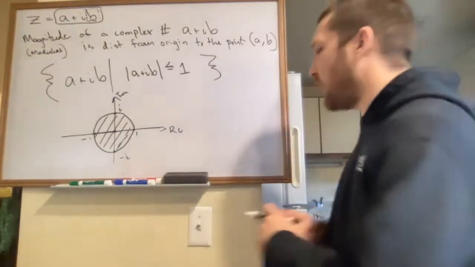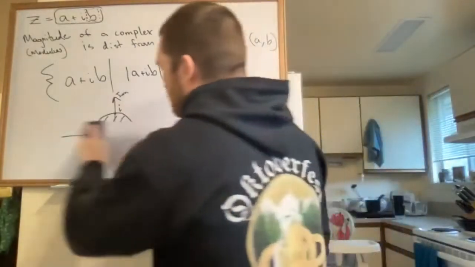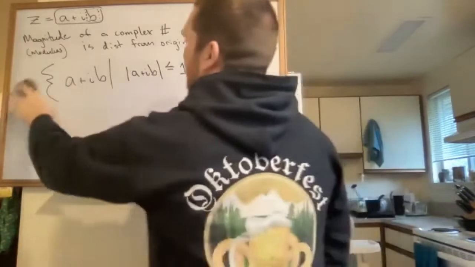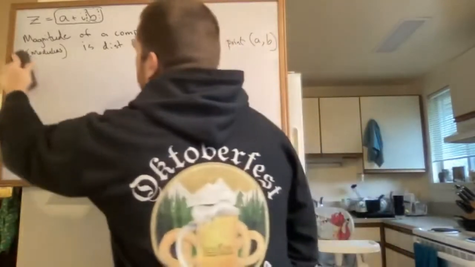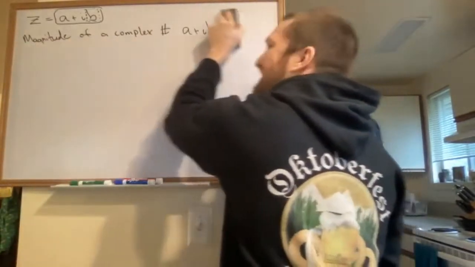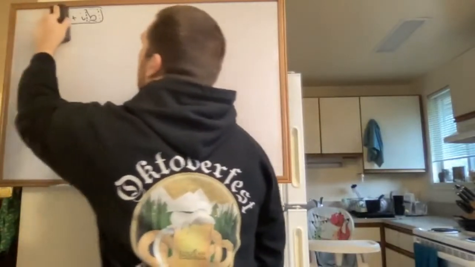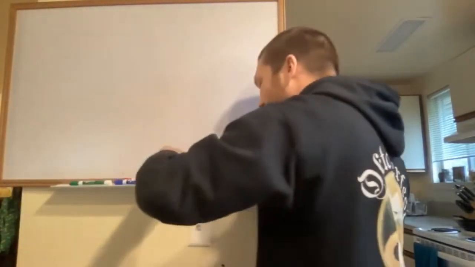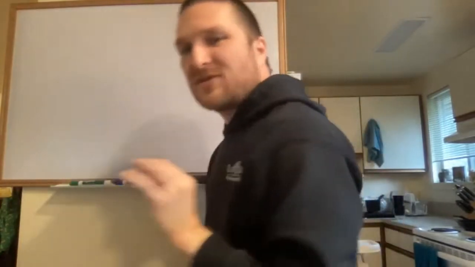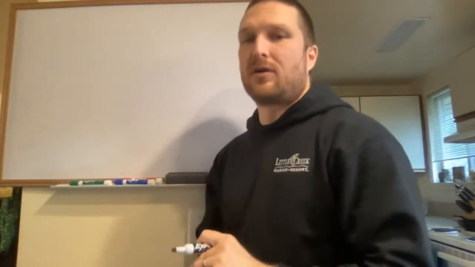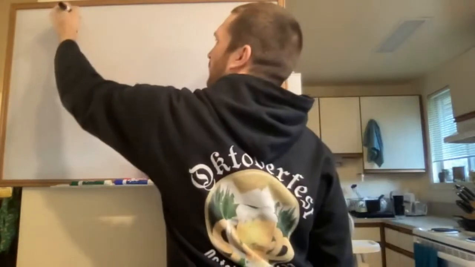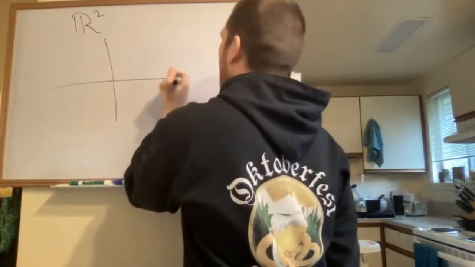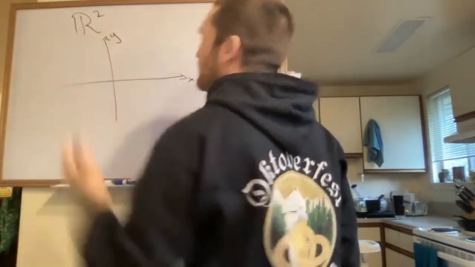Okay, cool. Long story short, the complex plane is almost exactly like, at least when it comes to graphing and distances, our old friend R2, which is just our XY plane that we've been dealing with for years now.